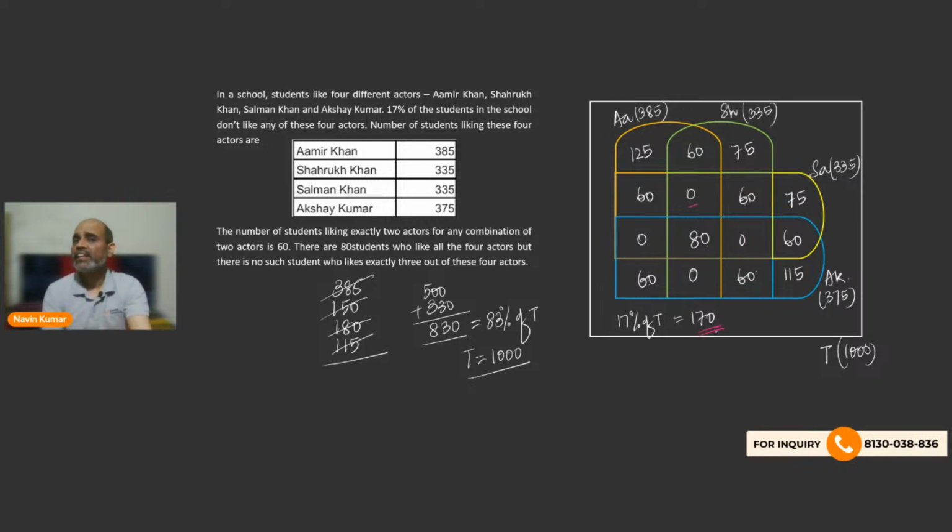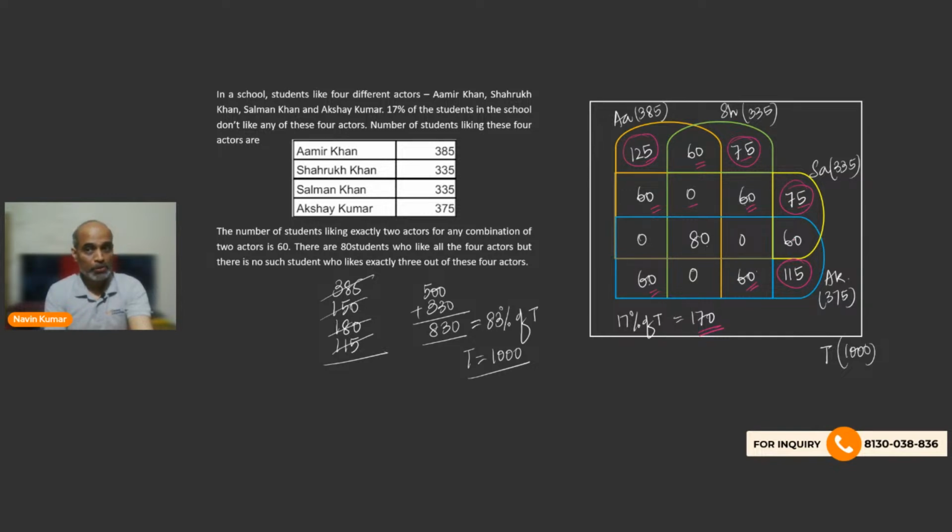Suppose if they start liking one actor that they do not like so far, right? So they may go to, if they like only Amir or only Shah Rukh or only Salman or only Akshay. The people who like exactly one actor, if they start liking one more actor, so these people may go to either one of these 60s.